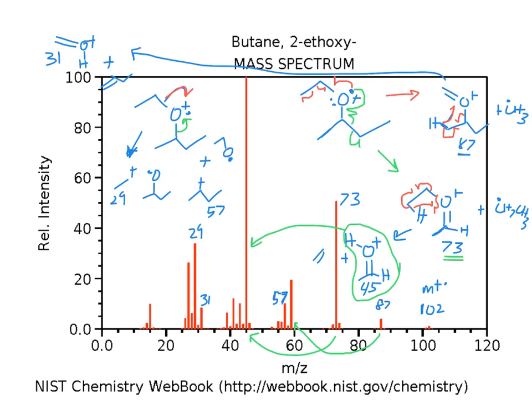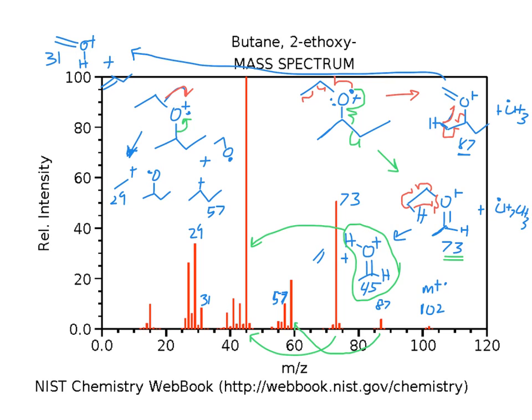So yeah, I would first look at the molecular ion, then look for those easy losses, and then as you start to build up your structure, look for other types of fragmentation that you might expect.